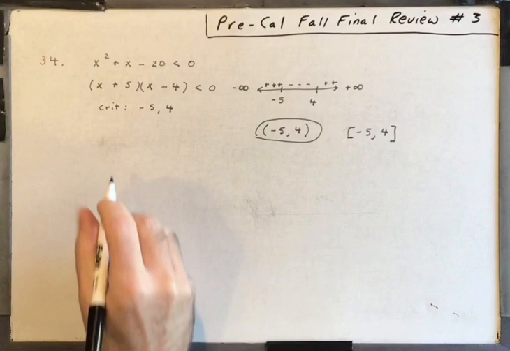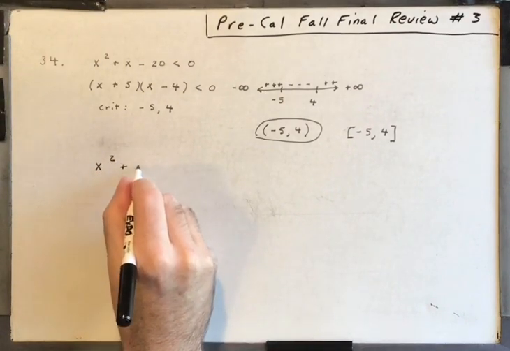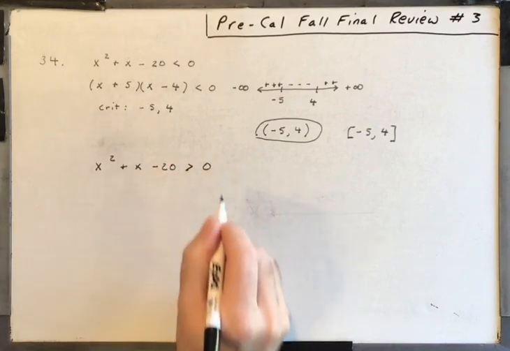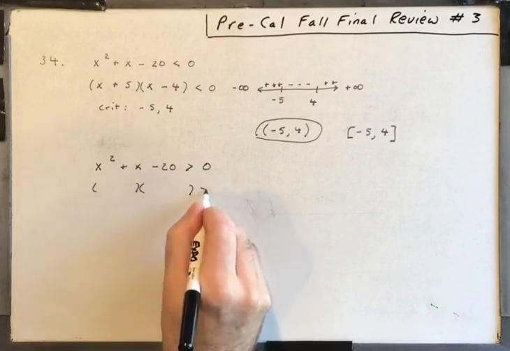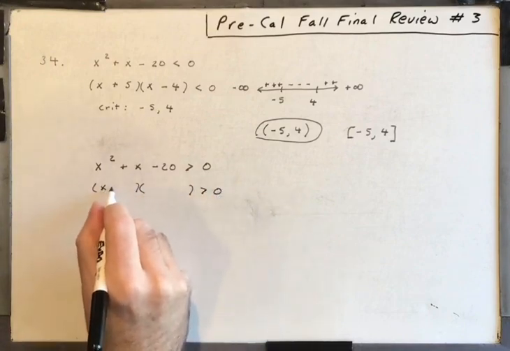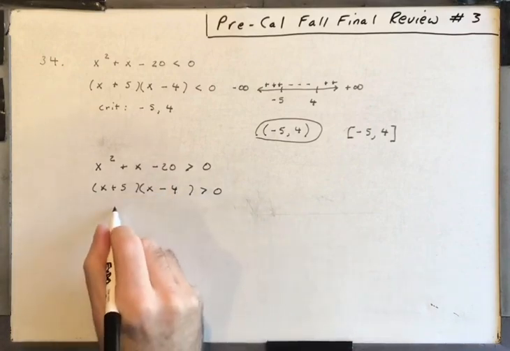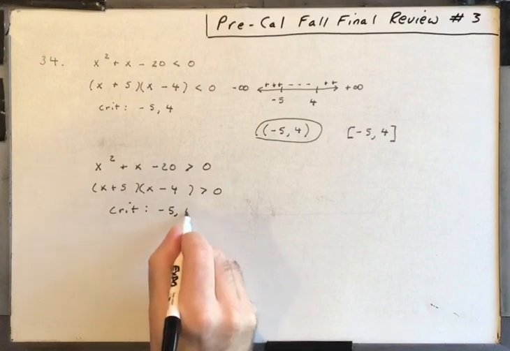Let's do this whole problem again, saying it's greater than. You would still work it the same way. x plus 5, x minus 4. Your critical numbers would still be negative 5 and 4.